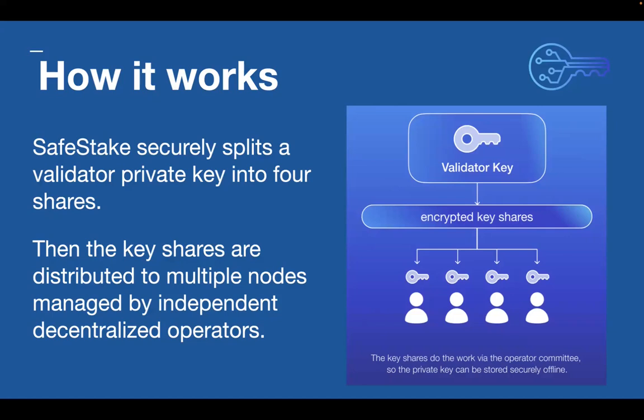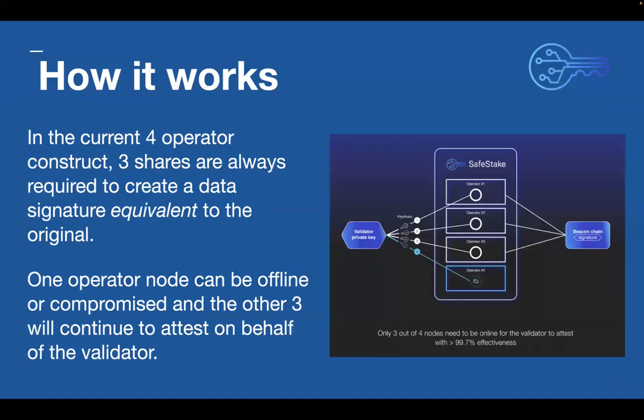If you notice the operators at the bottom, now the key shares are doing the work via this operator committee of 4 operators. The private key is no longer needed online. It can be stored safely offline.